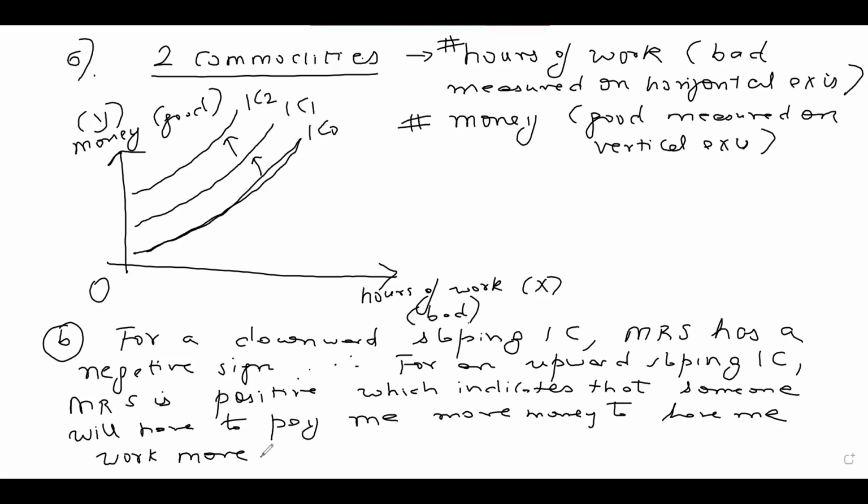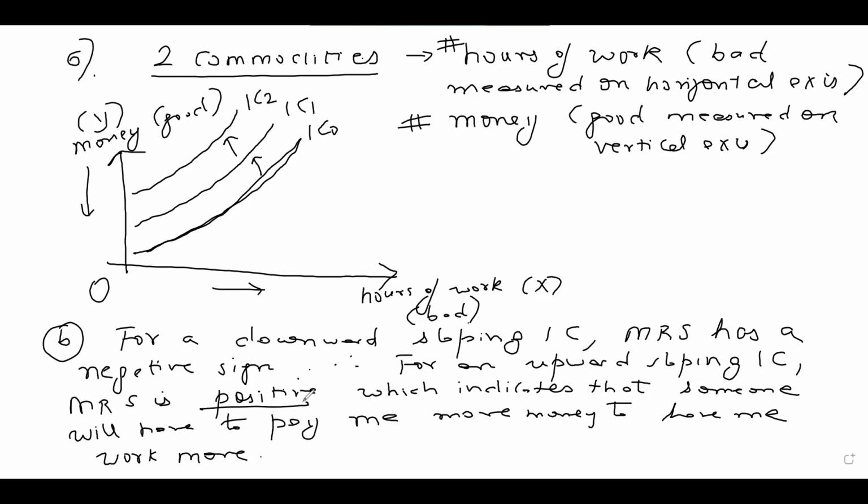If MRS is negative, it means I have to give up money to work more. But if MRS is positive, as in this case where indifference curves are upward sloping, it indicates that instead of sacrificing money, someone will now have to pay me money. Only if someone pays me more money will I be willing to work more.